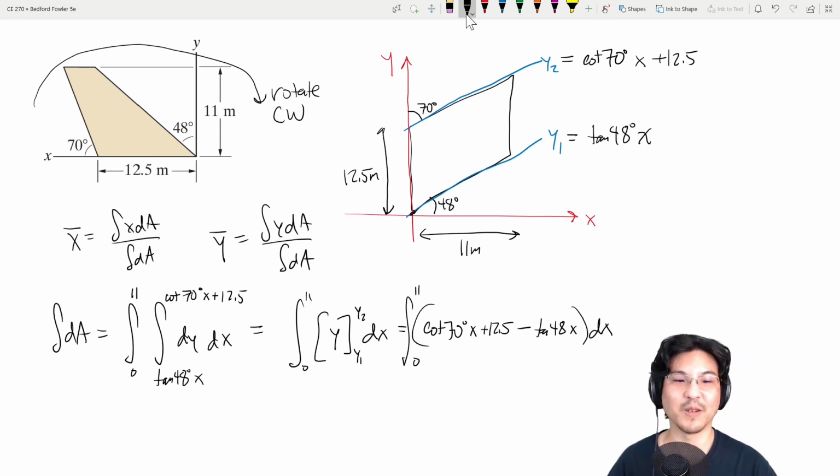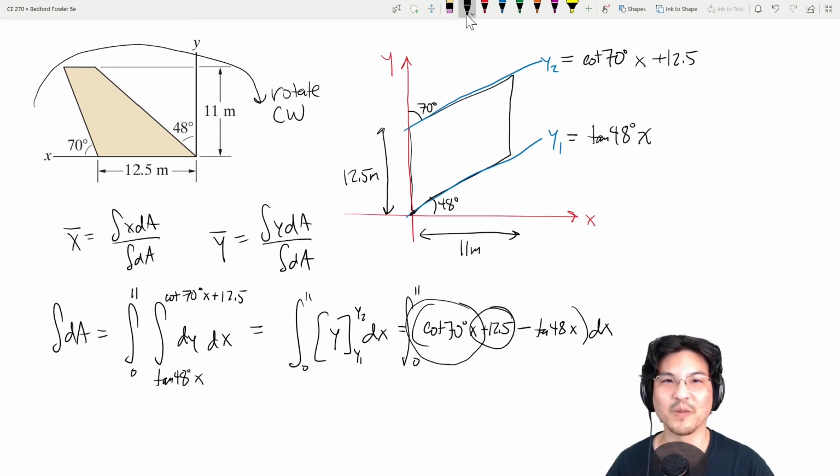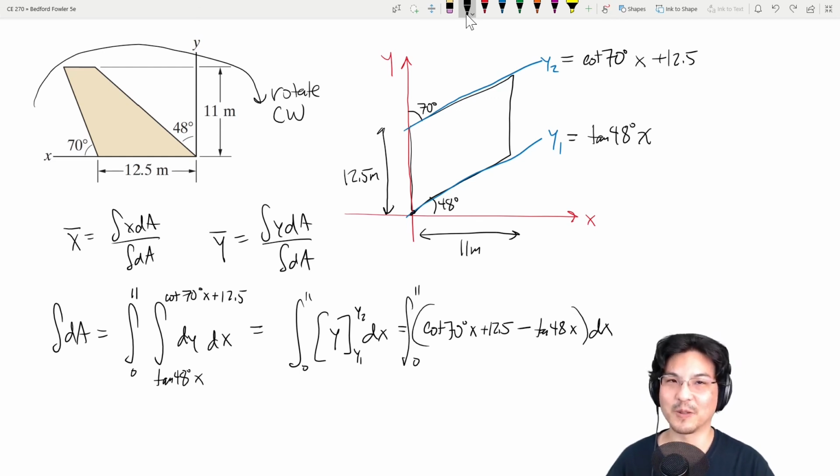Okay, and then you integrate this, right? That'll be cotangent 70x squared over 2 plus 12.5x minus tangent 48x squared over 2, and then you evaluate that from 0 to 11, and so on.